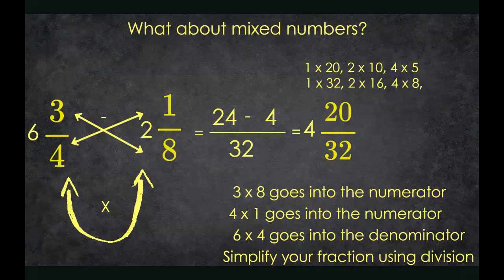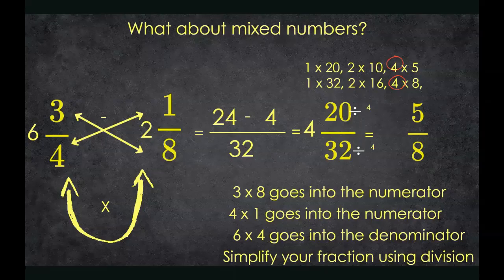Those are all our factors for 32. I am going to be looking for a common factor. 4 and 4 are my common factors. That means I can divide 20 and 32 by 4. When I divide by 4, I get 5/8.